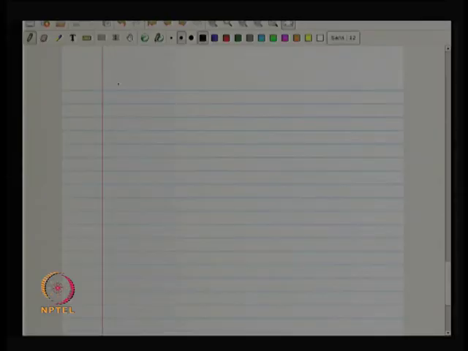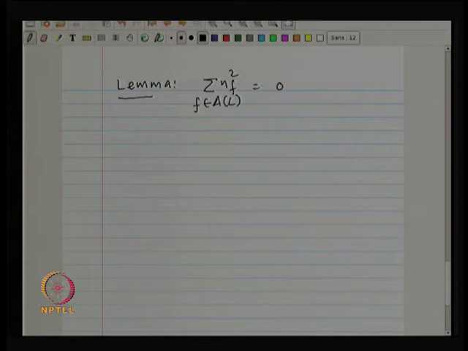Now, let me do the proof of the last time what I did again, and then I move on. So, last time I had proved n square.